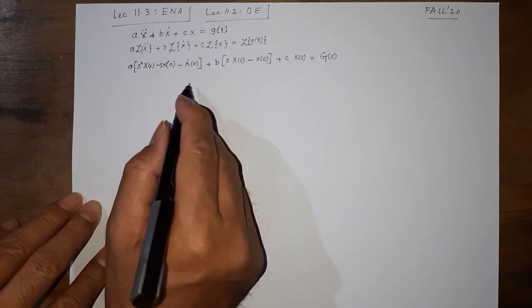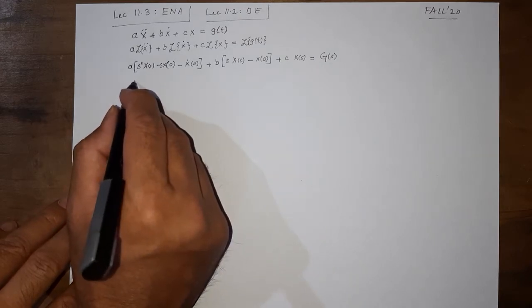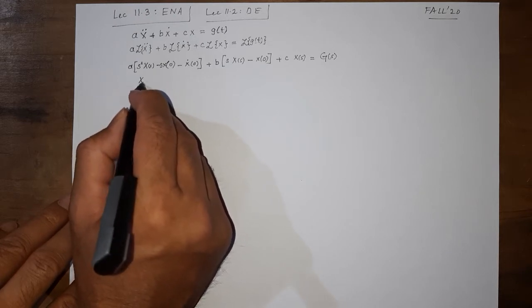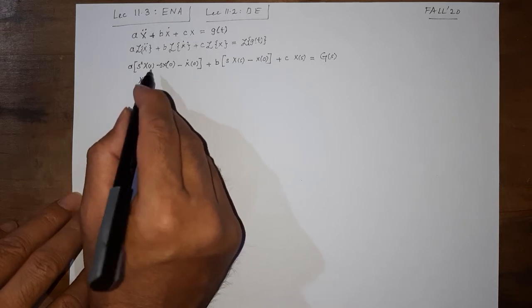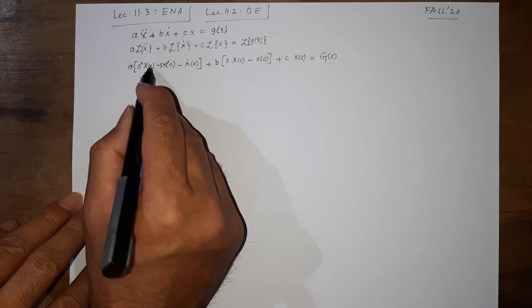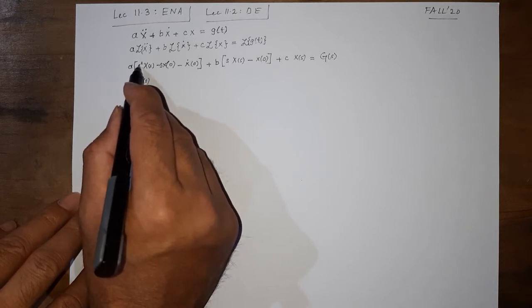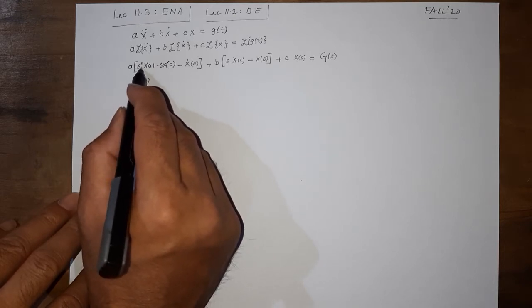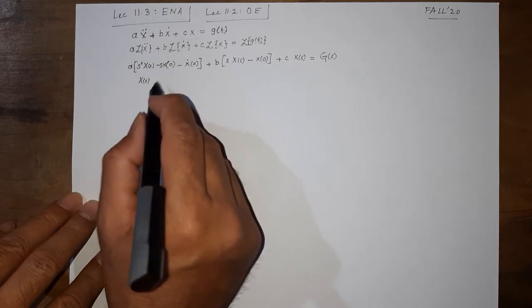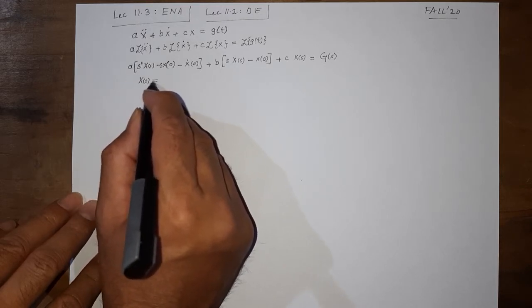Now you can see this is an algebraic equation in x of s. So if you allow me, instead of writing this x of s again and again, where we are telling that this x is a function of s, but then we have s in the equation as well, this s can be confused with this s. So in order to avoid this becoming s cube, let us just skip writing this s.